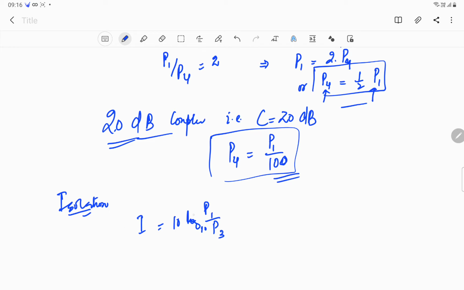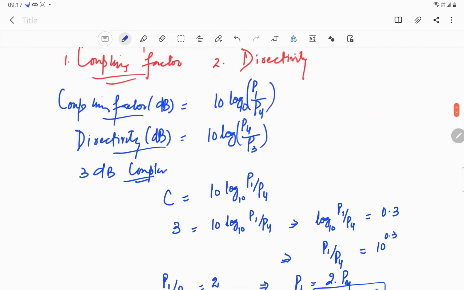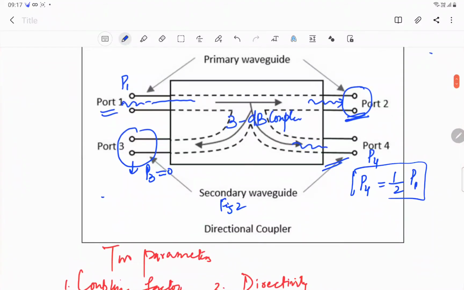This is also in decibels. So ideally its value must be infinity, as high as possible. As I said, ports 1 and 3 are isolated, so 10 log 10 P1 upon P3 ideally should have a high value. So isolation of a directional coupler ideally should be very high.